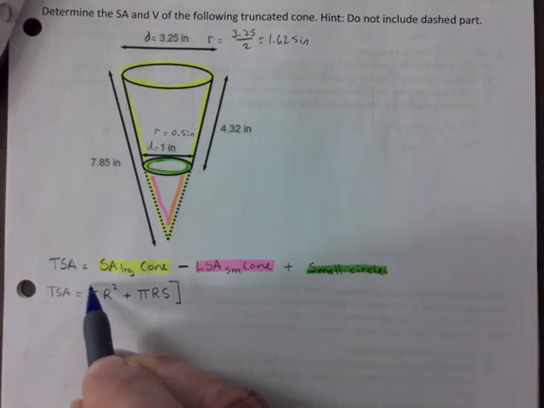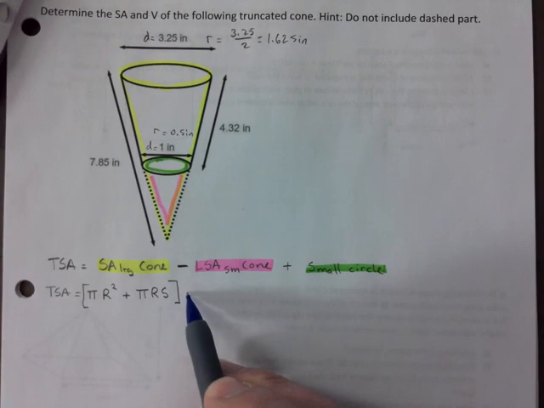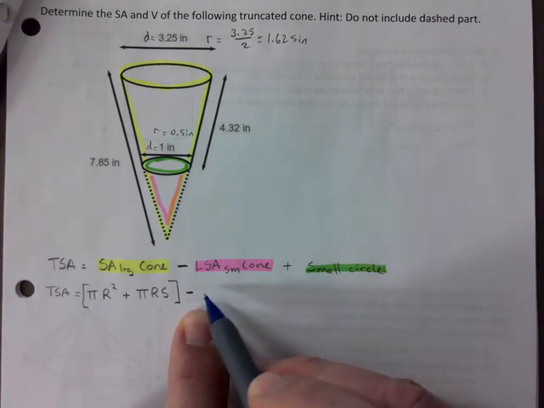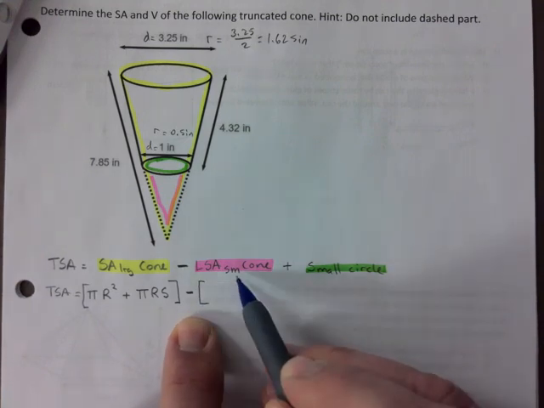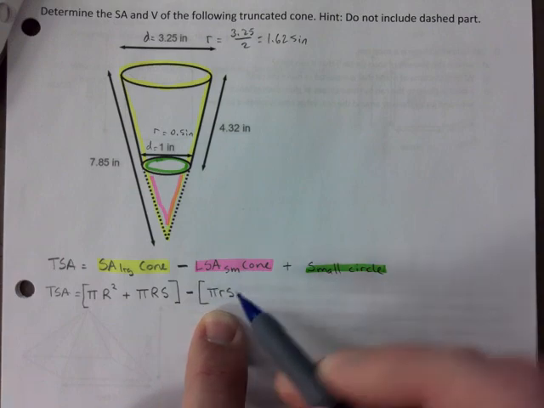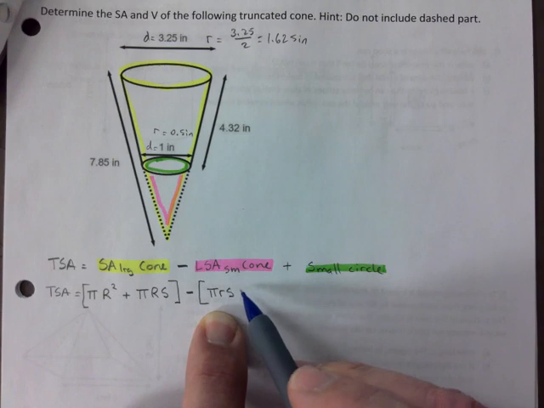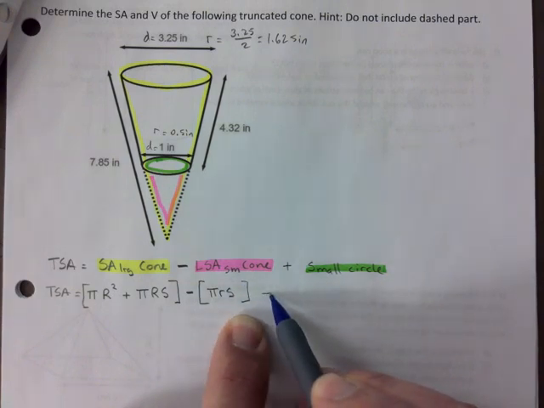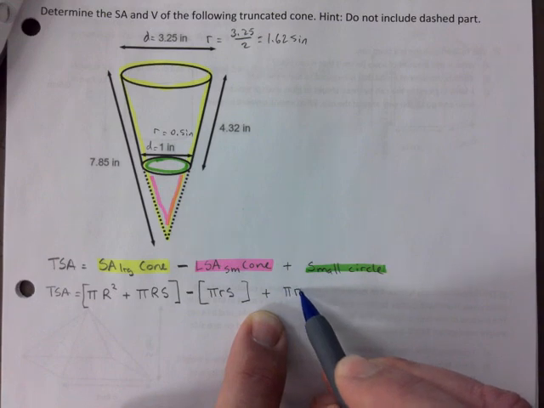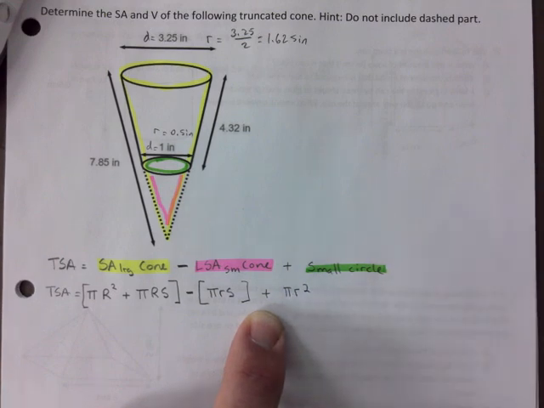So that's the large cone, minus the lateral surface area of that small cone, that is just pi r s. Right? If you just want the lateral, that's pi r s. Plus the small circle, that's pi radius squared.